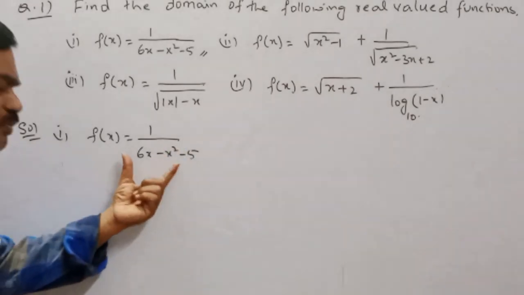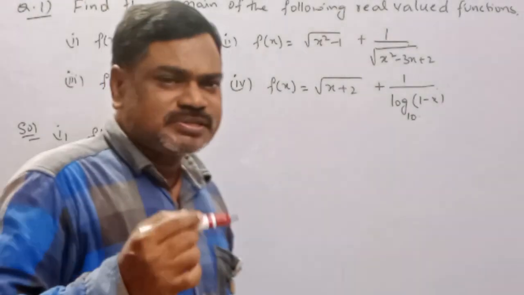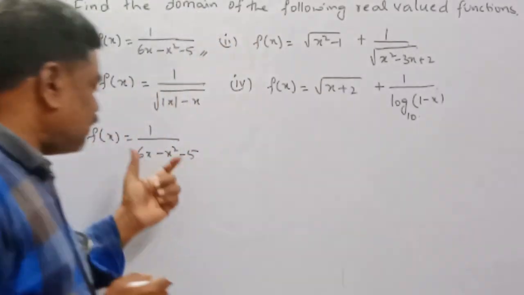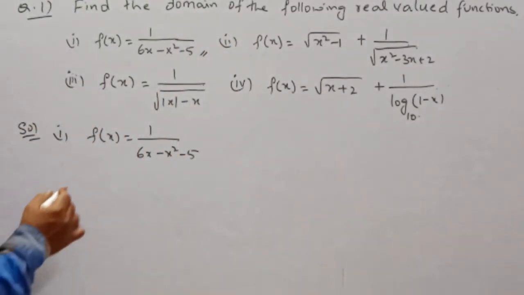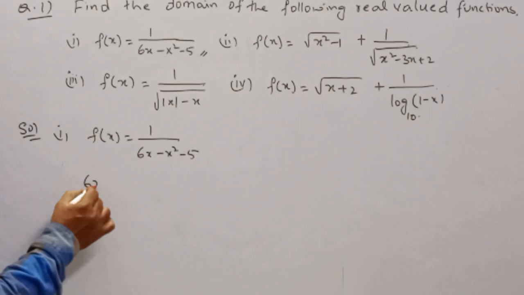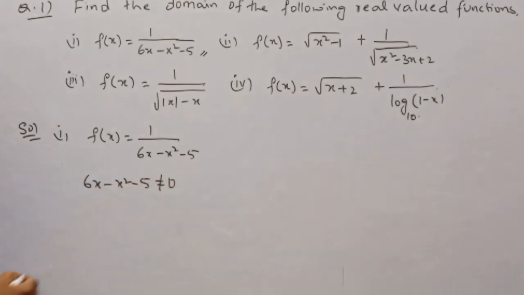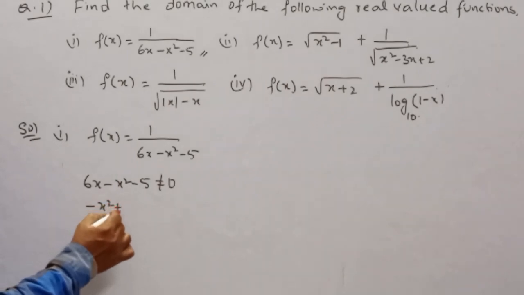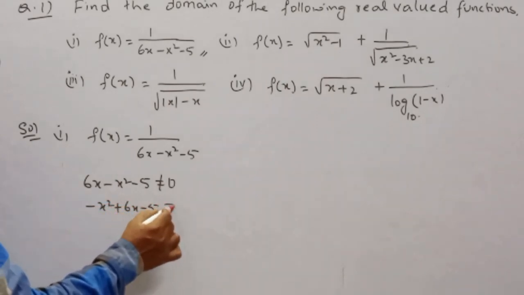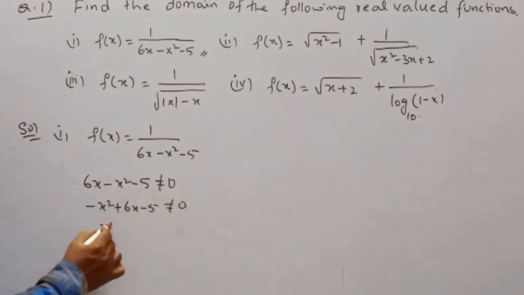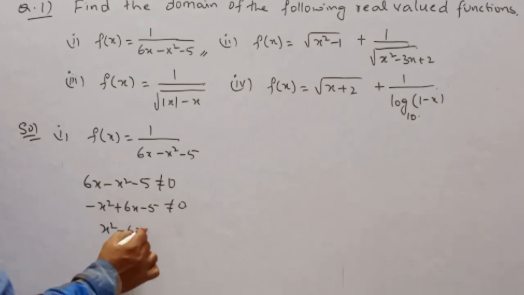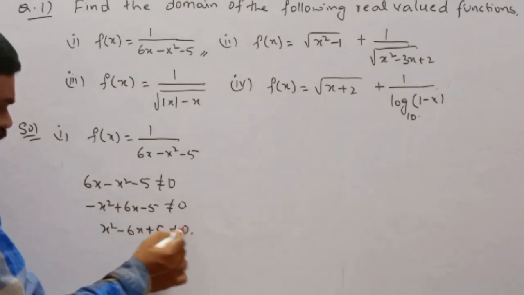If this value is 0, then it is infinite. So the domain is infinite, so we take 6x minus x square minus 5 not equal to 0. That is minus x square plus 6x minus 5 not equal to 0. X square minus 6x plus 5 not equal to 0.